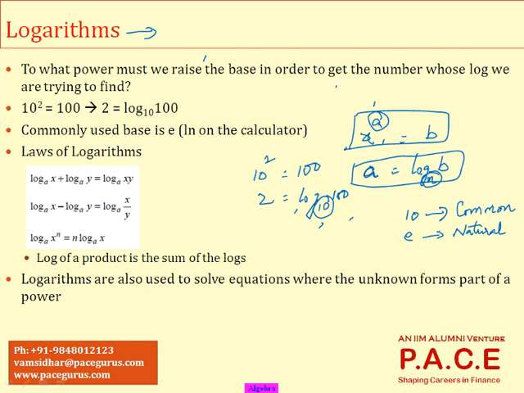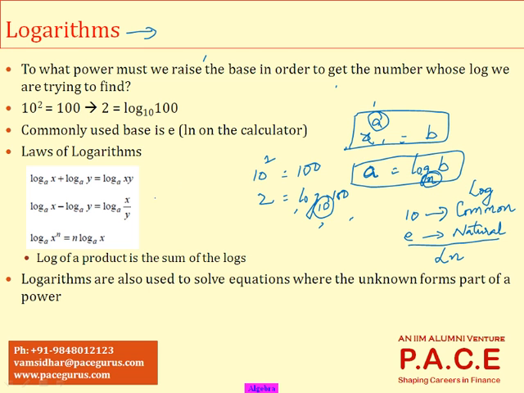Right? So in the financial world, the most common logarithms we talk of are to the base e. Even in your calculators, they are mentioned separately as ln, whereas the common logarithms with base 10 are mentioned with log. So that's one thing you have to understand as far as logarithms are concerned.